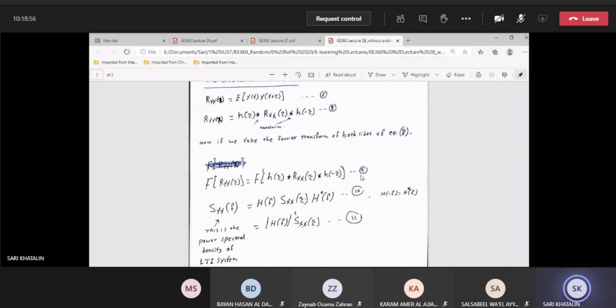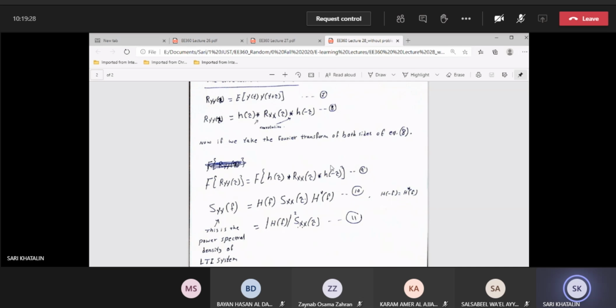That is equation 9. After you take the convolution here, you will take the integration of this one by itself, times the integration of this one, and times the integration of this one. That's how you do it, and the end result is going to be equation 10.